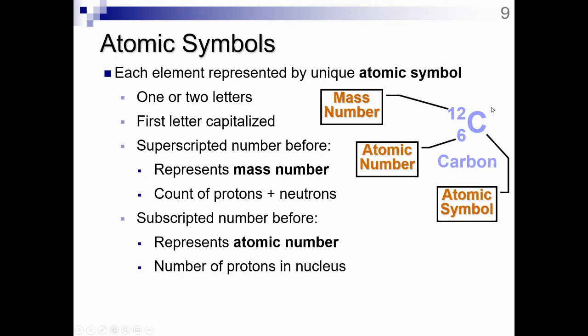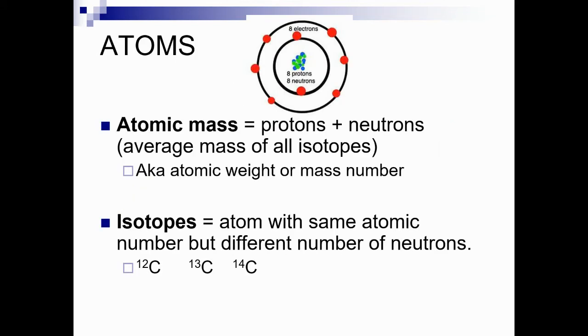And for all of the elements, my proton and electron numbers are usually equal, unless I have an ion, unless I've lost or gained an electron. We'll look at how that happens later. But the atomic number, the smaller number of protons, add that to the number of neutrons, and I get a mass number. So atomic mass is the number of protons plus neutrons.